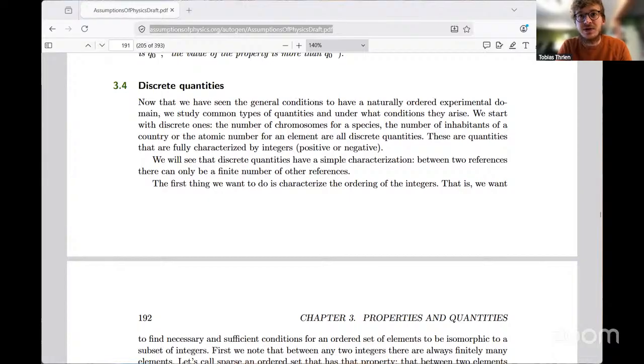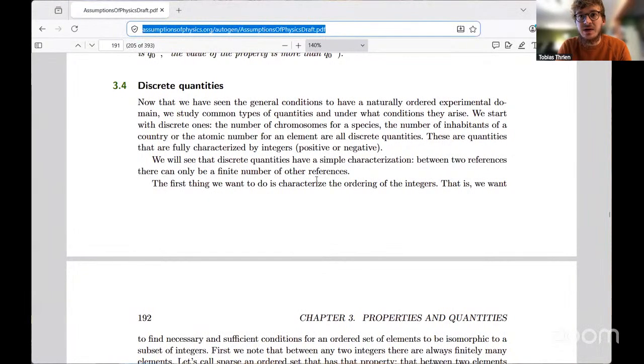Now that we have seen the general conditions to have a naturally ordered experimental domain, we study common types of quantities and under what conditions they arise. We start with discrete ones. The number of chromosomes for a species, the number of inhabitants of a country, or the atomic number for an element are all discrete quantities.